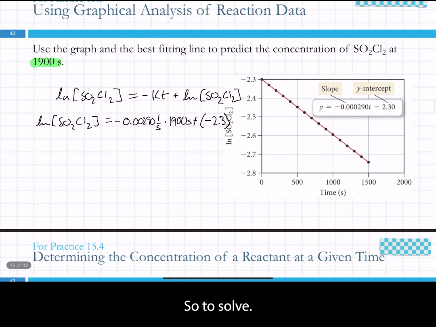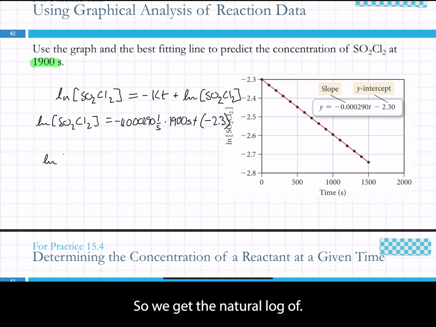So to solve, it's just math. Times 1900 minus 2.3. I don't have the right number of zeros there. Yeah.